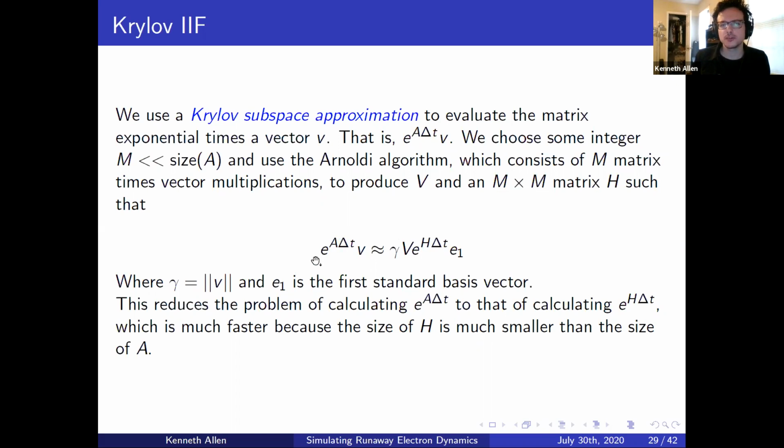So for example, if we originally wanted to compute the matrix exponential of, say, a 1000 by 1000 matrix, we'd hopefully be able to approximate this by choosing the parameter m to be, say, 25. Then we can approximate this matrix exponential by doing 25 matrix times vector multiplications, which are computationally cheap, and then calculating the matrix exponential of just a 25 by 25 matrix.